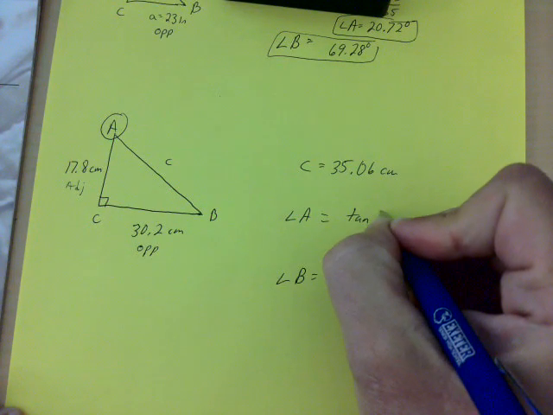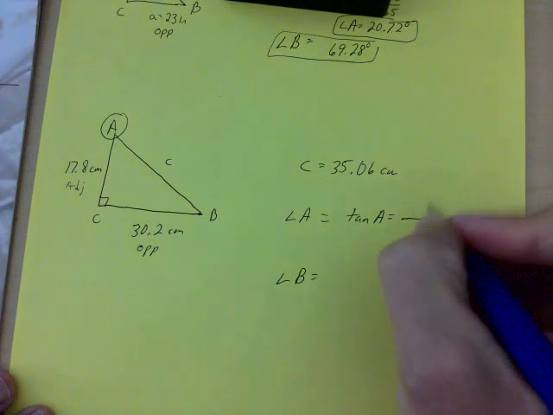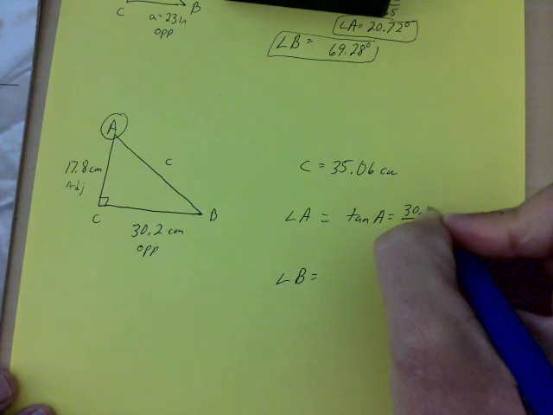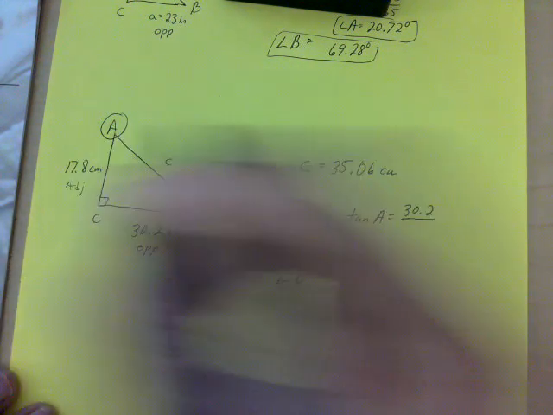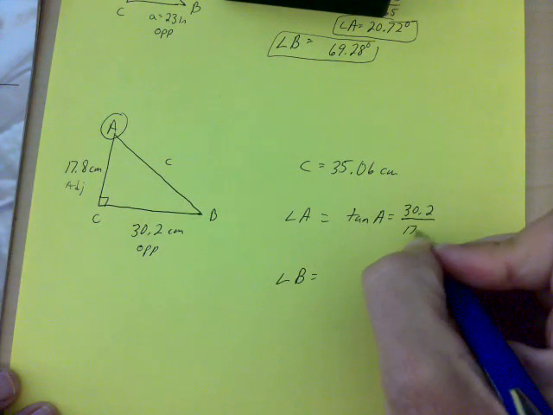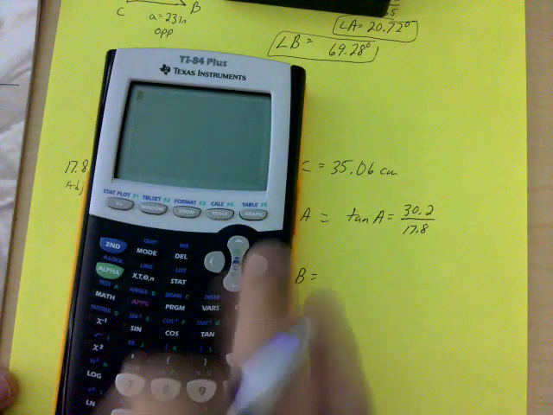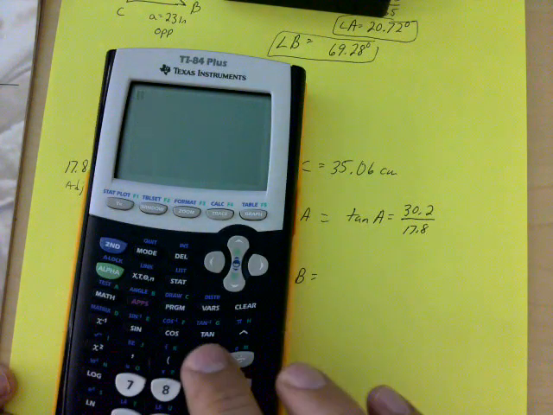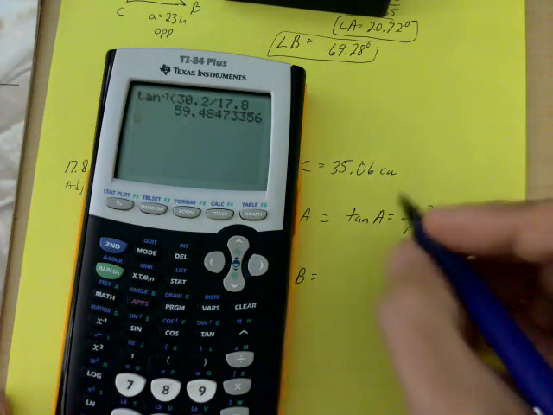So I'm going to set it up. I'm going to show this on my paper. The tan of some unknown angle, but I do know the complete ratio is 30.2 over 17.8. My opposite side's bigger, so this is going to be my bigger angle. And we can easily ask the calculator, hey, calculator, look up this angle. So second tan, it can quickly go through its little memory bank and find the angle that has this ratio.